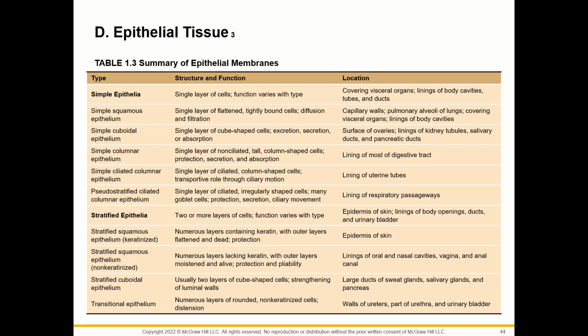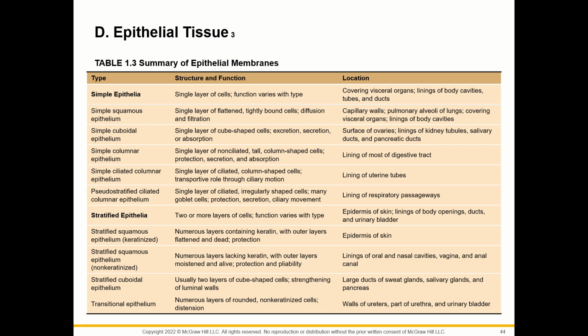We see that there's simple epithelia and stratified epithelia. Simple being one layer of either flat cells in the case of squamous, or cube-shaped cells in the case of simple cuboidal. We also have simple columnar, then simple ciliated columnar, and also one called pseudostratified ciliated. This appears to be stratified, but in fact is only one layer, hence pseudostratified, falsely stratified.